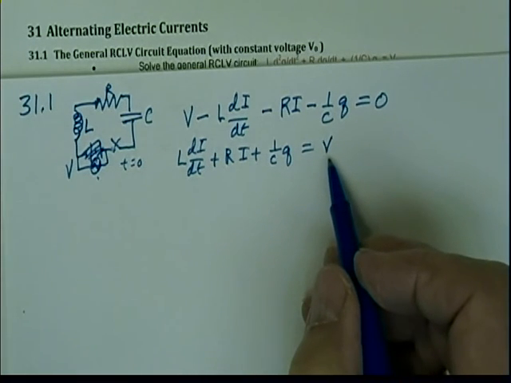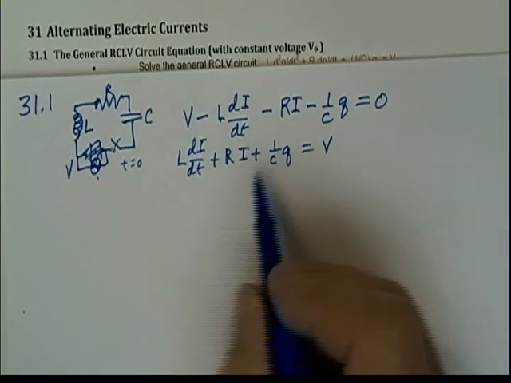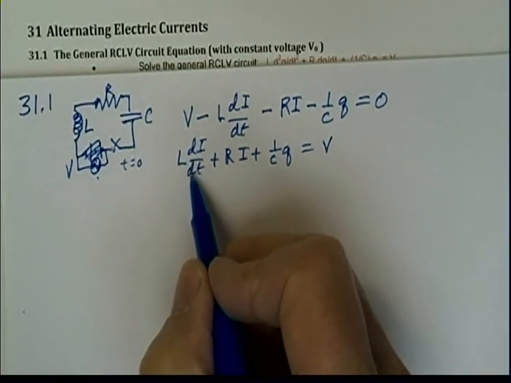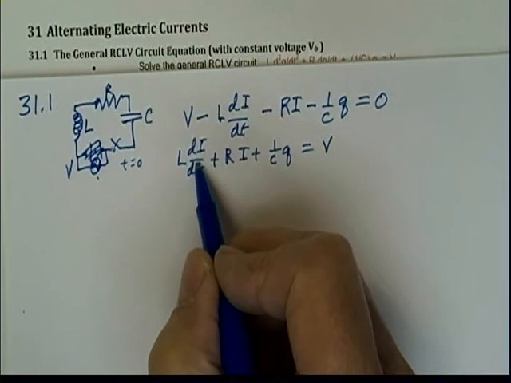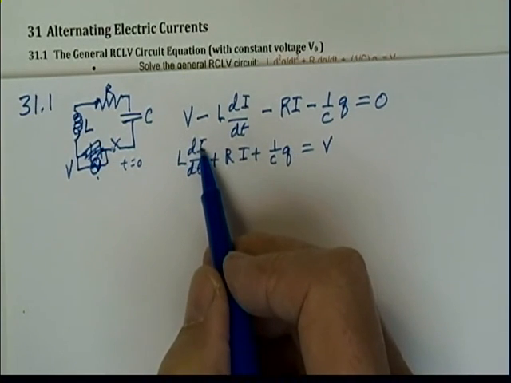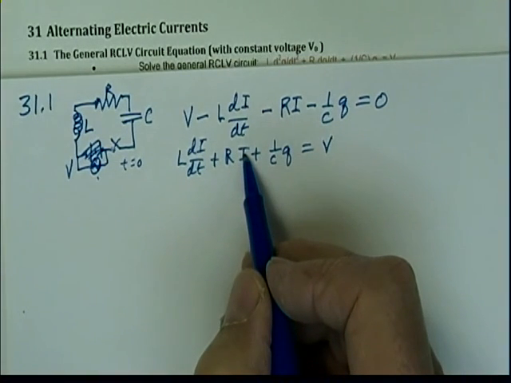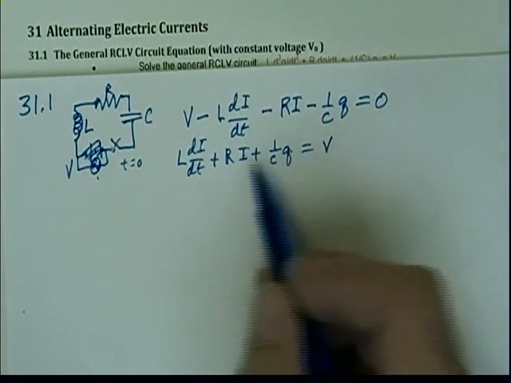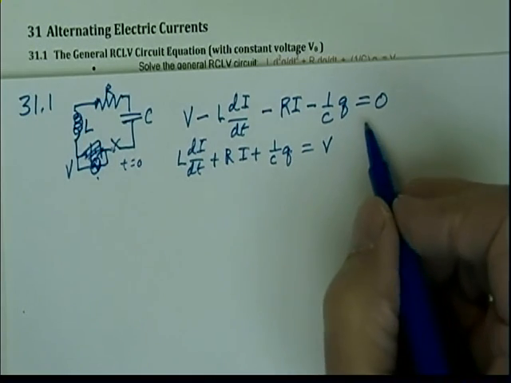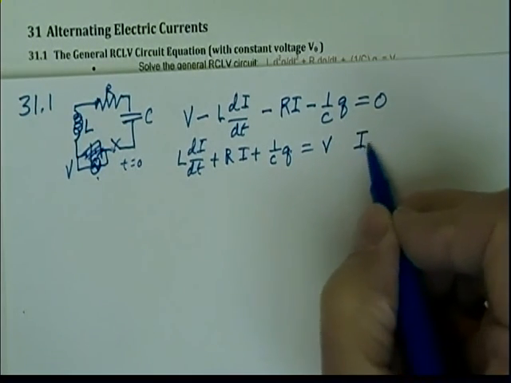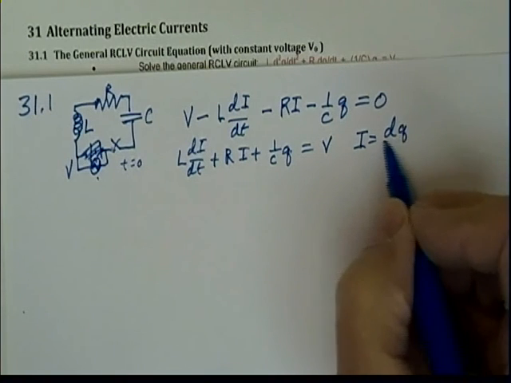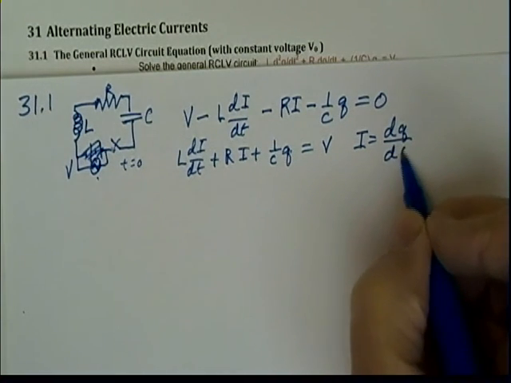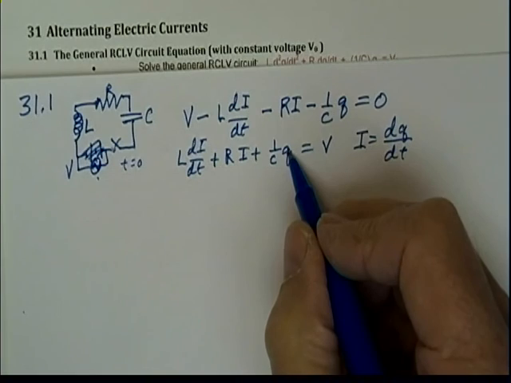Now, this voltage that's applied in general could be constant, it could be 0, or it could be an alternating current. If we look at this, our current changes with time, and our charge is changing with time, so we have two unknowns and only one equation. We need a second equation, and that equation is that the current is the flow of charge per unit time as it goes onto the capacitor.